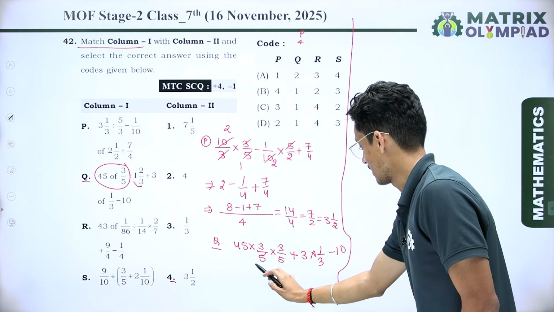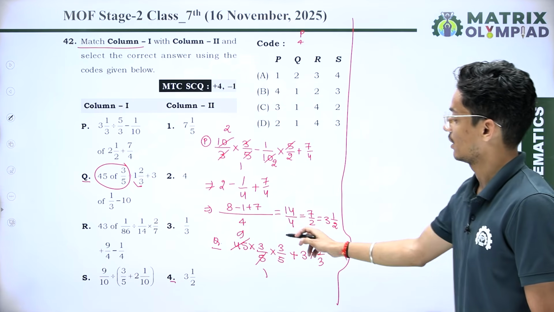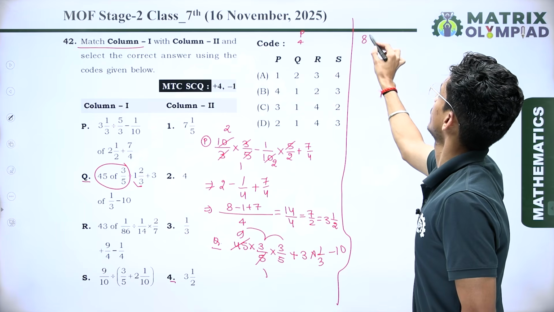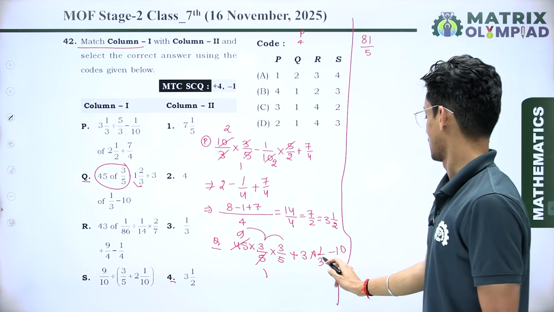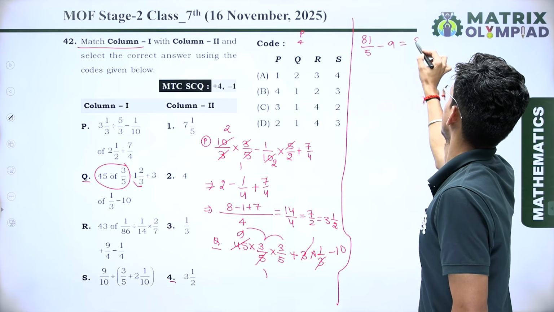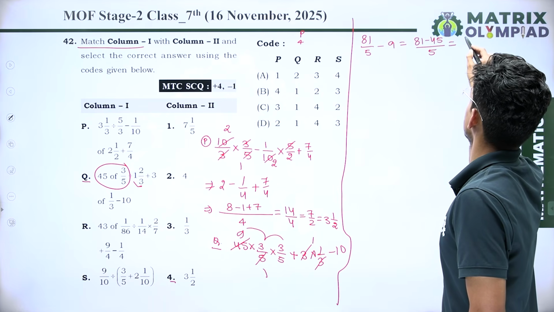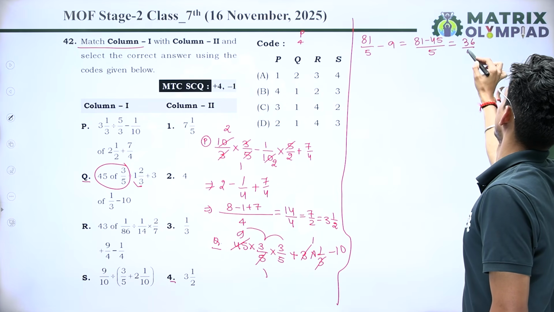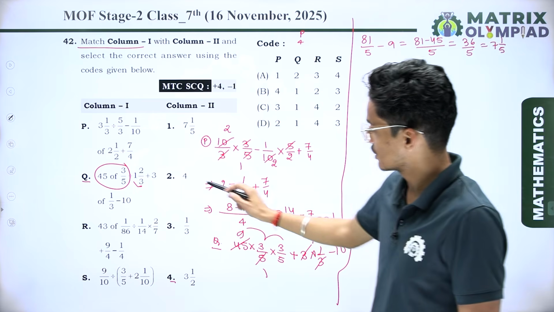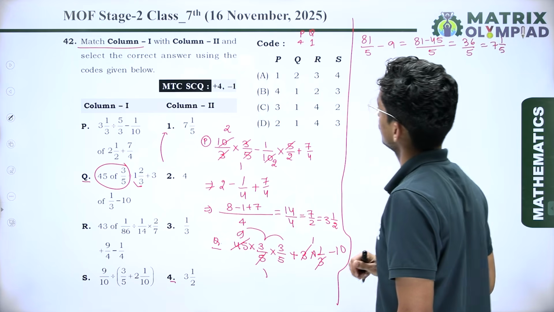When we simplify it, 5 1s are 5, 5 9s are 45. So 3 3s are 9 and 9 9s are 81. So here I can write 81 upon 5, and here we have 3 3s are 9 minus 10, that is 9. So I can write 81 minus 45 upon 5, that is 36 upon 5. It means 7 and 1 by 5. So check 7 and 1 by 5. It means Q is connected to 1. So I can write here Q is connected to 1.